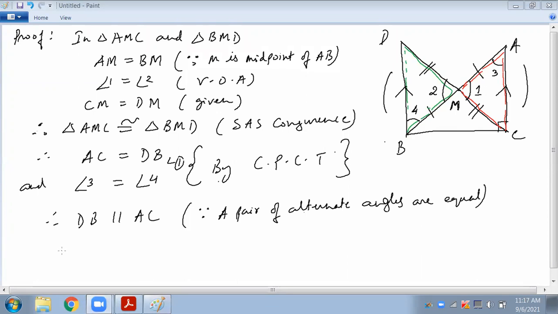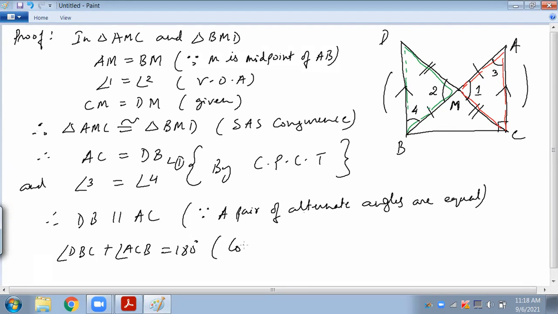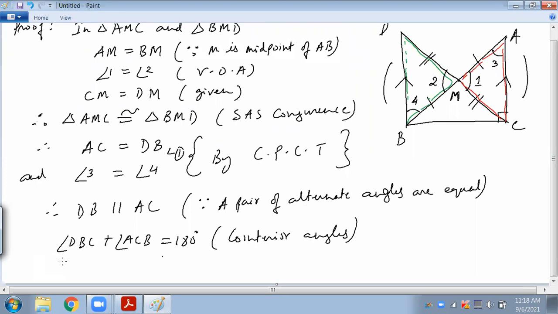So angle DBC plus angle ACB equal to 180. Why? Because they are co-interior angles. Then we can put the value of ACB. We know it is 90 because angle C is 90; it is given in the question.